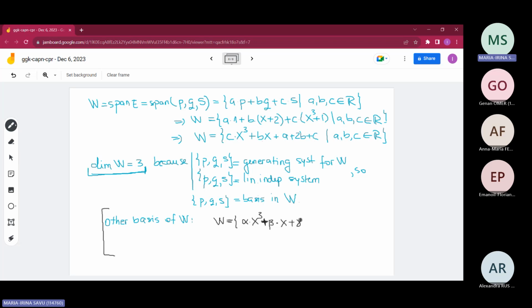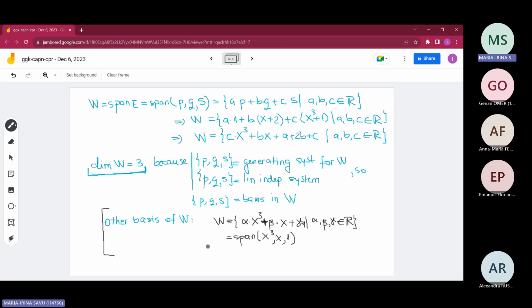So you have plus gamma, with alpha, beta, gamma in R. So W could be seen as the span of x cubed, x, and 1 from here.